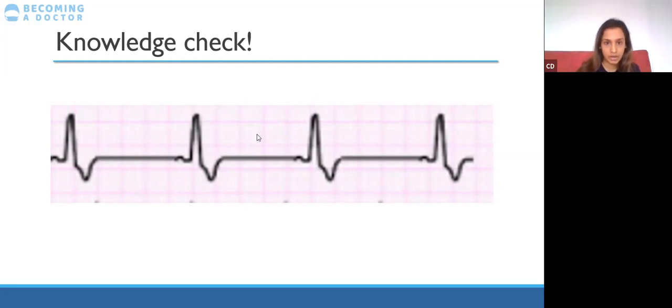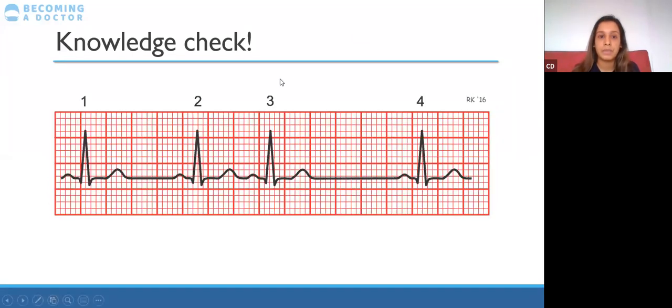I know it's blurry, but you can take my word that there are basically 5 large squares between the 2 R peaks. And you would then do 300 divided by 5. Someone's just said, is it about 60? Yeah, exactly. 300 divided by 5, you get 60. Perfect. That's how you'd calculate the rate from that one.